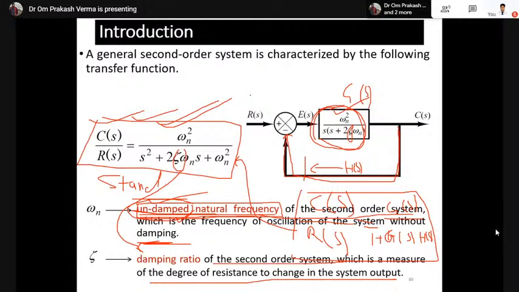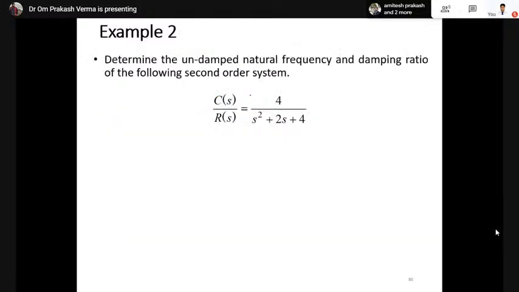I'm just repeating once again: the standard transfer function of the second order system is omega n square upon s square plus 2 zeta omega n s plus omega n square, where omega n is the undamped natural frequency and zeta is the damping ratio.